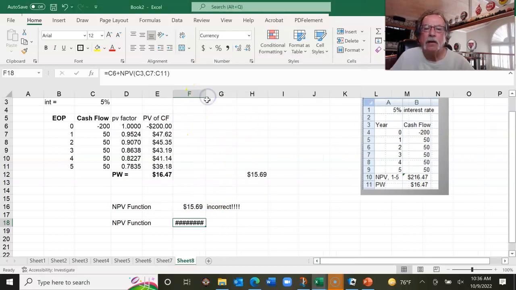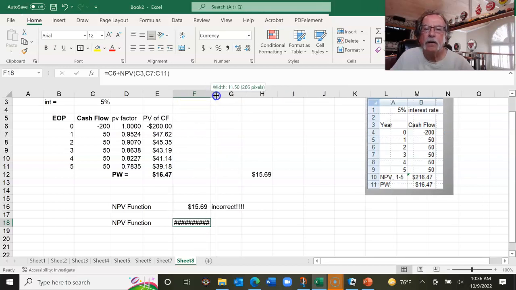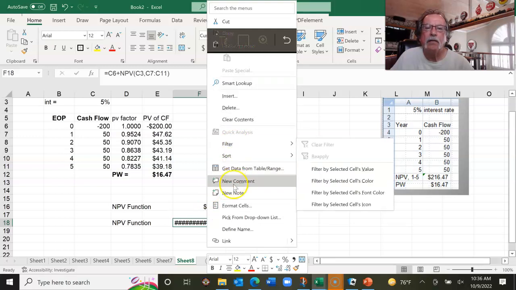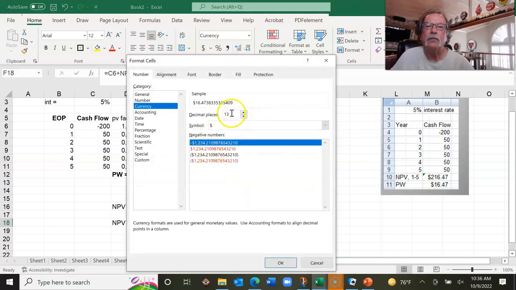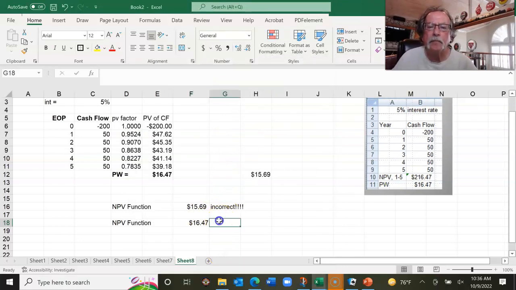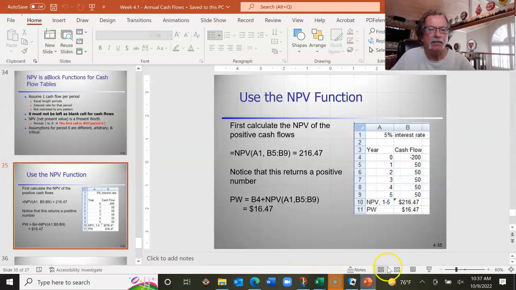Anyway. What's going on here? Format cells. We just want 2. There we go. So this is the correct method to use the NPV function. I'm cautioning you of that because this doesn't tell you that you did it incorrectly, and the number is close. Okay, so just need to be super careful if you're using the NPV function.